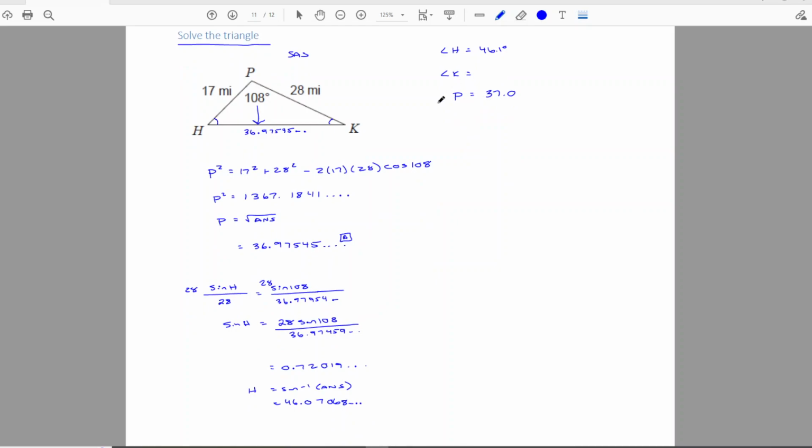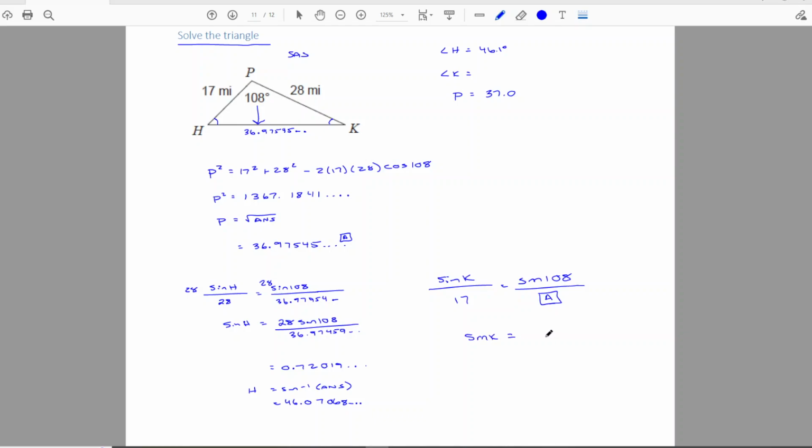Again, if you're feeling confident with what you've done, feel free to solve for angle K by doing 180 minus 108 minus this 46.07068. But I'm going to set it up as the sine of K is across from 17, just like the sine of 108 is across from that answer A. So then I'm going to solve for the sine of K, same way I did this one.